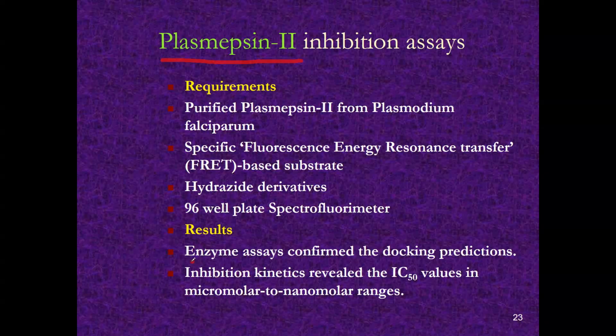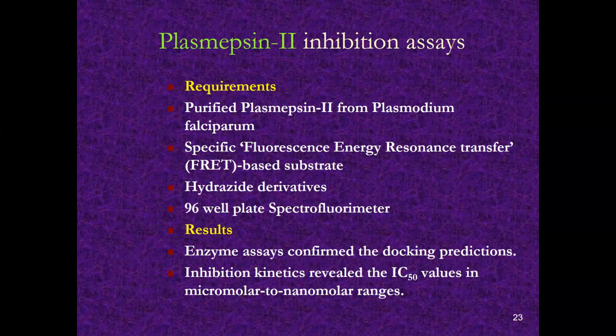And the result shows that enzyme assays confirm the docking predictions, and inhibition kinetics revealed IC50 values in the micromolar to nanomolar range. That is, our compounds which were predicted by the ligand docking were inhibiting the enzymes in very low quantity. It's showing that they are very potent molecules against this enzyme.